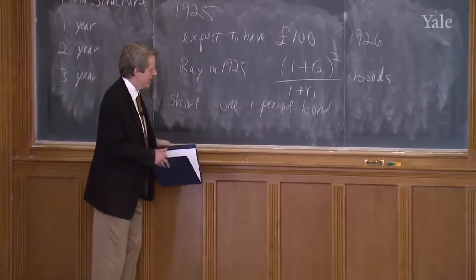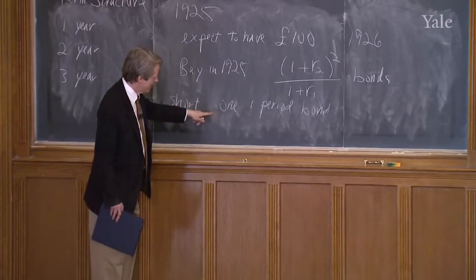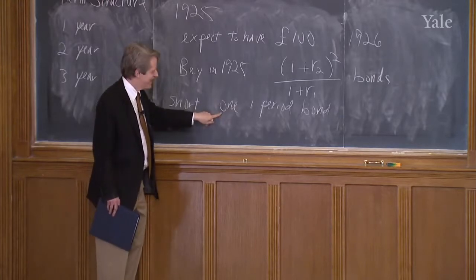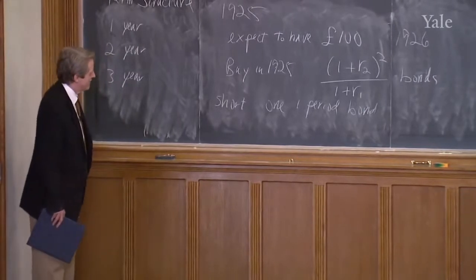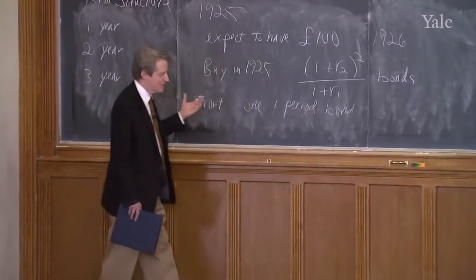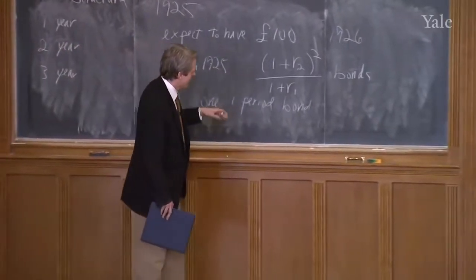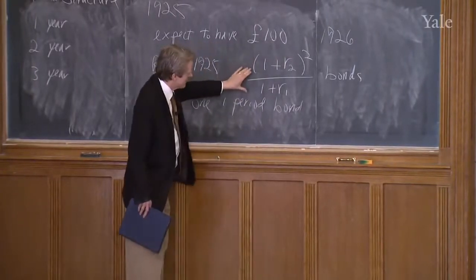So suppose I do that. What happens after 1 period? Well, after 1 period, I owe 100 pounds, right? Because I just shorted 100 of a 1-period bond. And so I pay 100 pounds. That's like investing 100 pounds. At the end, I get this amount times 100 pounds, right?